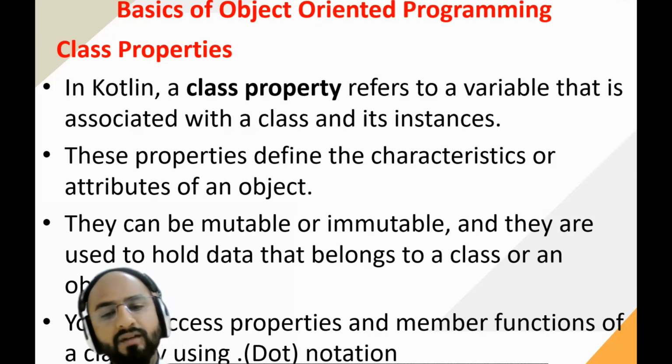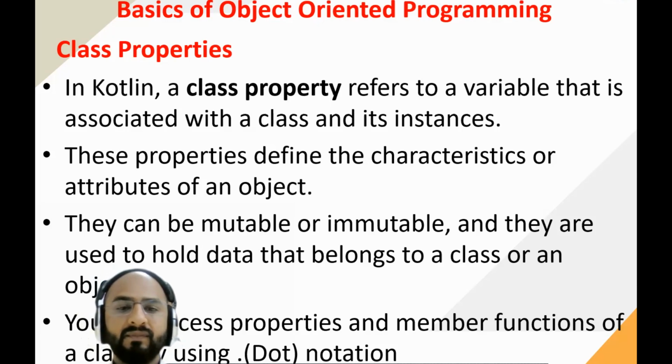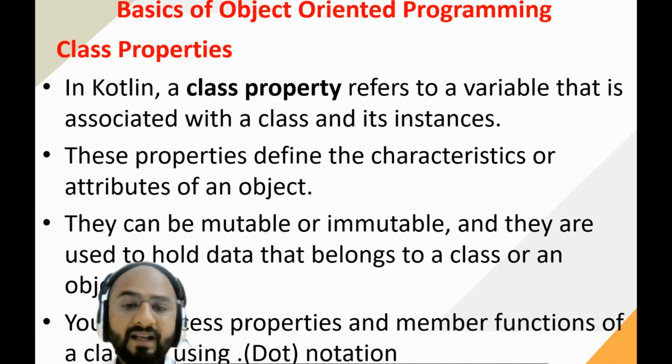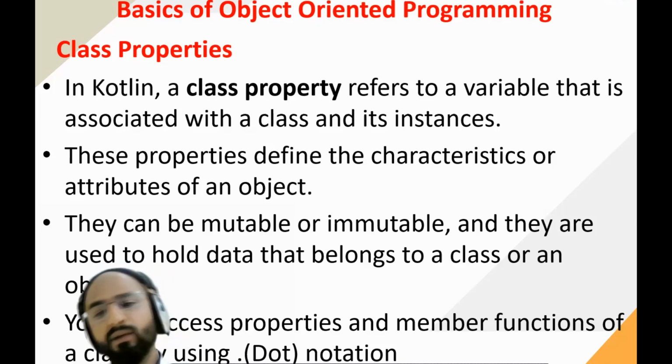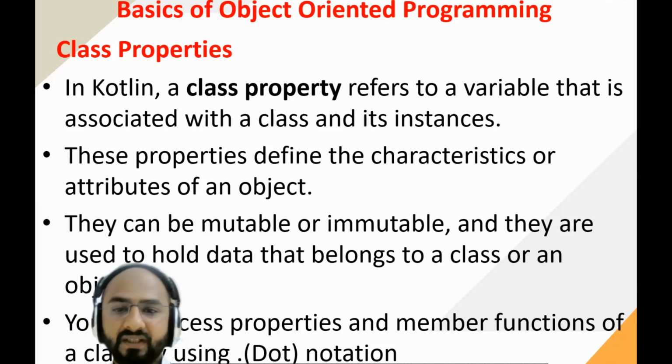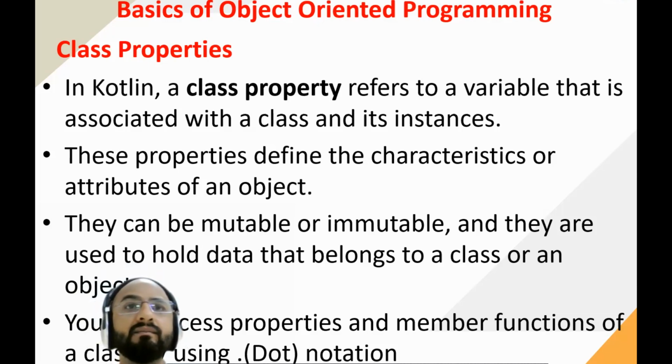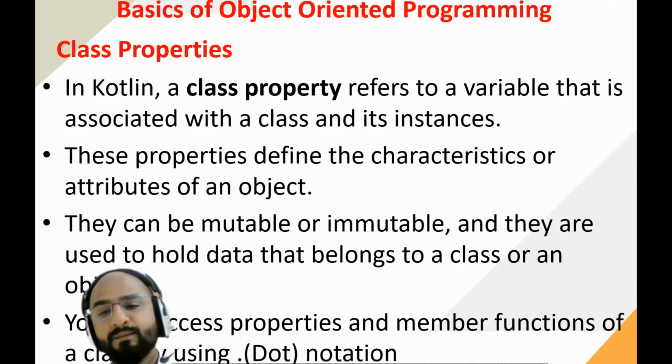What is mutable and what is immutable? The mutable class property can change the value at runtime. An immutable class property cannot change the value at runtime. This is the main and big difference between the mutable class property and immutable class property.